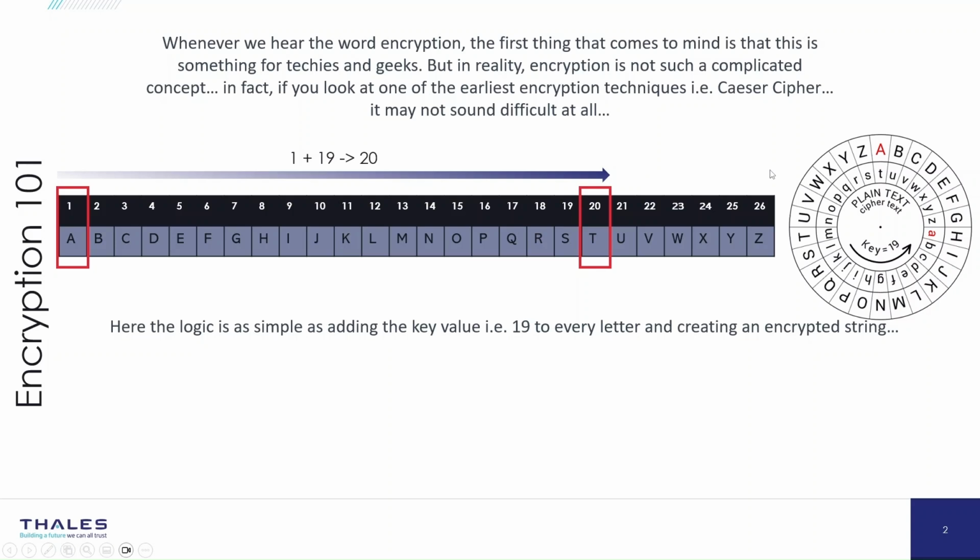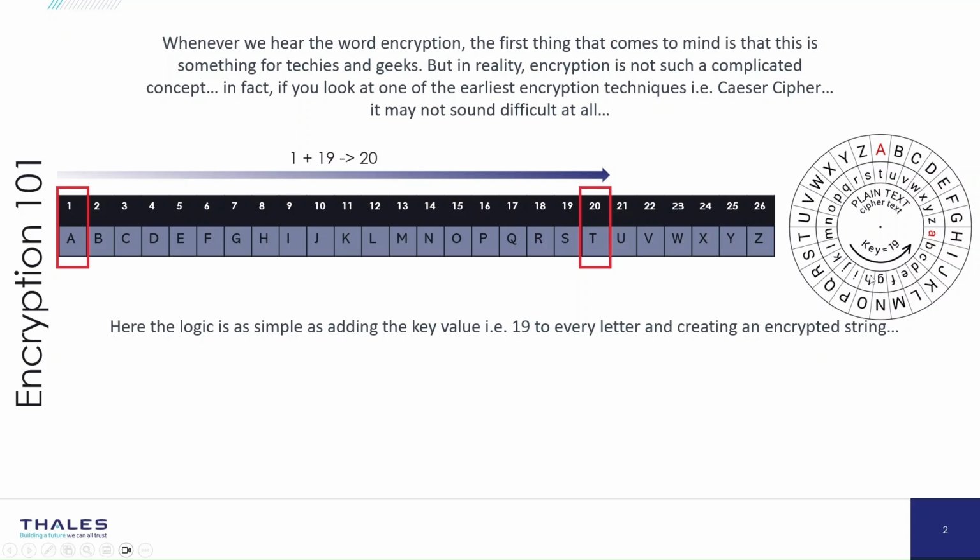So Caesar cipher leveraged a very simple mathematical operation where a key was added to the ASCII character within the plain text, and the resulting output is the encrypted value or the converted value.